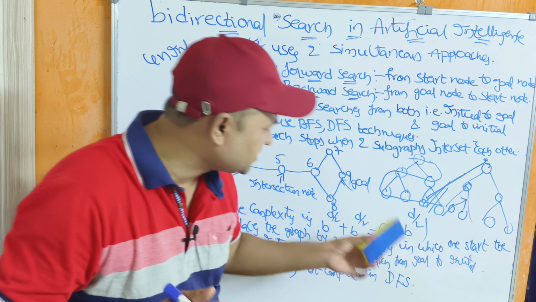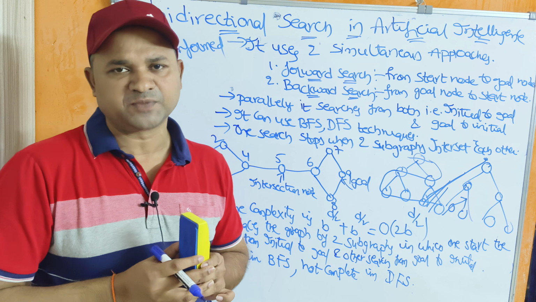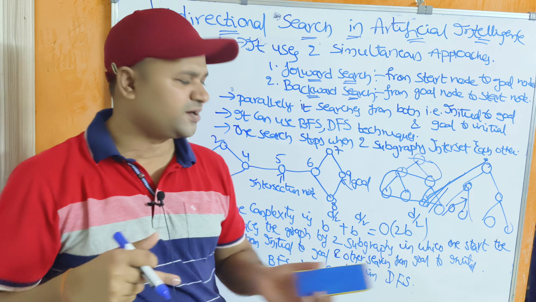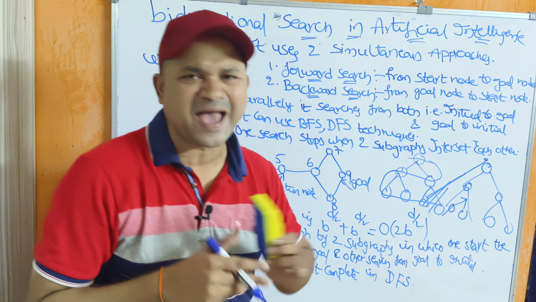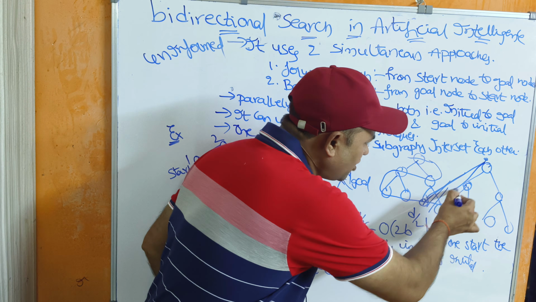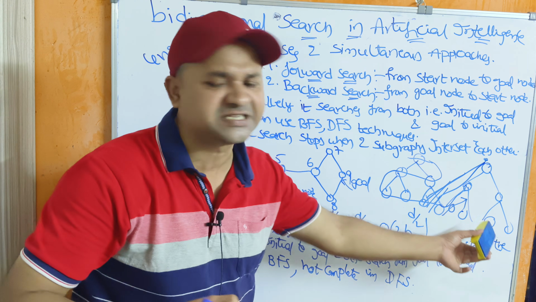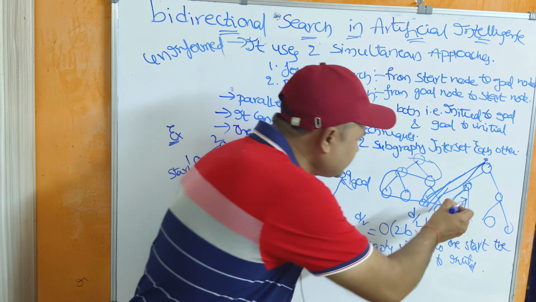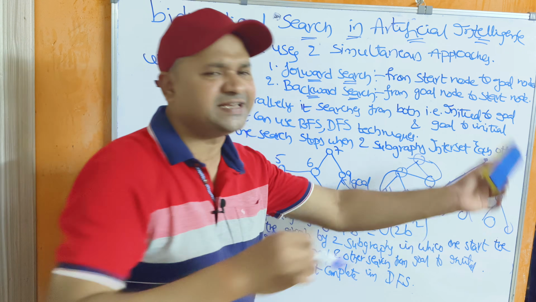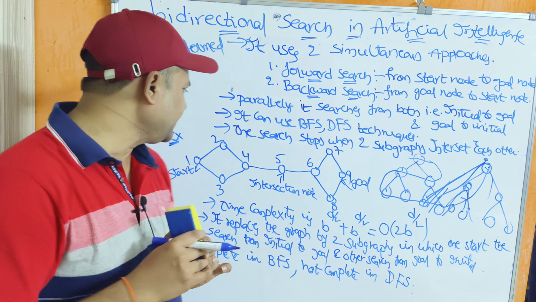So in one path, we need to search whether there is any goal node or not. If the goal node is not found in that path, then we have to perform backtracking and search some other path. Let the goal node not be available in this path also, then we have to do backtracking and search in some other path. So we can use either BFS or DFS for its implementation.